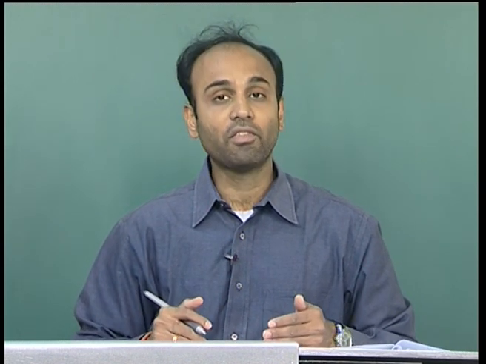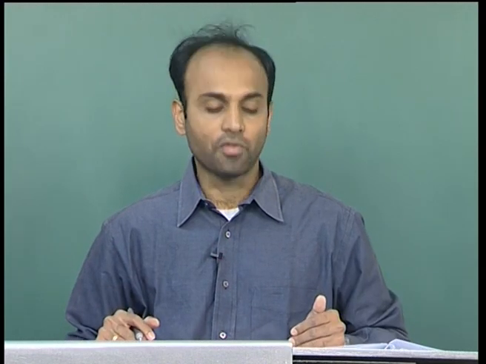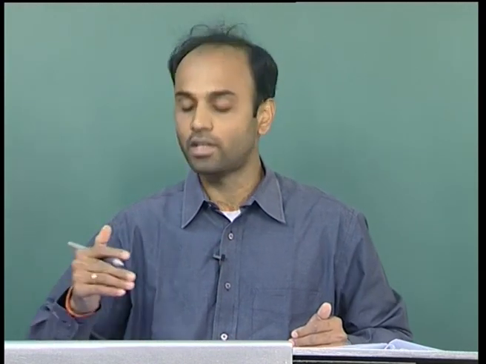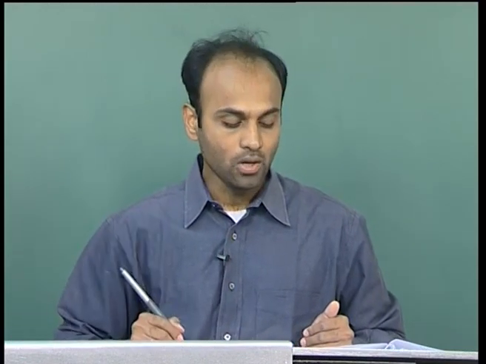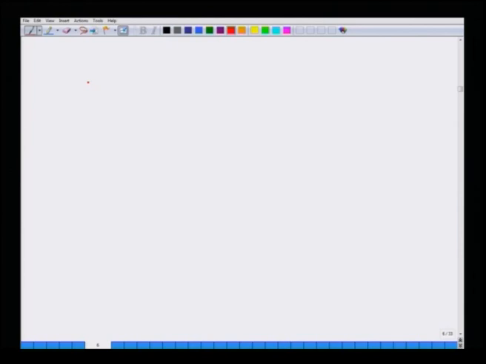Hence the LFSR can never start in an all 0 state, and in fact, during its period it can never enter the all 0 state, because once it enters the all 0 state, it will never get out of it. That is the reason the all 0 state does not occur. So it visits all the states except the all 0 state, and hence an LFSR which goes through all states except the all 0 state is known as a maximal length LFSR.